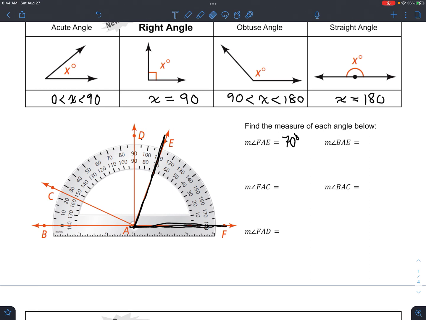Now if we erase that second ray and instead move it so it's at C, that would be angle FAC. And its measure, by the way, that's what this little M means. That means we're not talking about the angle, we're talking about the size of the angle. And if you look at the measurements, it looks like that angle is at 155 degrees.